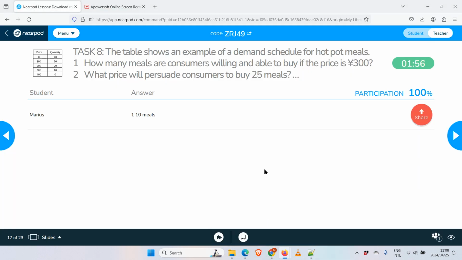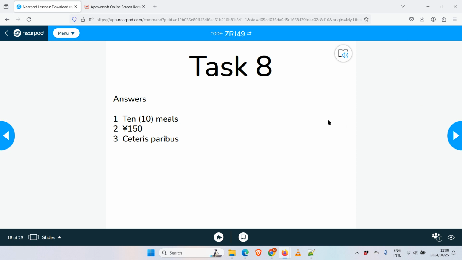The teacher will see the students and their answers. Again, in this case I'll allow my students to see what the correct answers would be, the number of meals, the pricing, and so on.